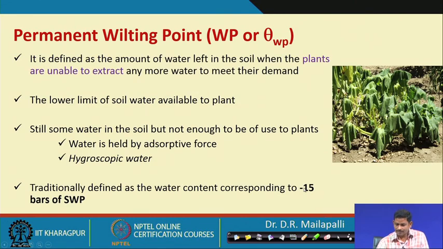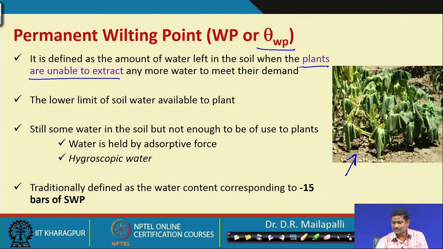And then the permanent wilting point, generally denoted with theta WP in our lecture. It is defined as the amount of water left in the soil when the plants are unable to extract any more water to meet their demand. During that time, if you observe, the plants are going to wilt.